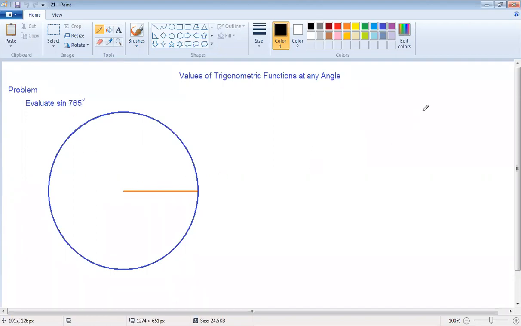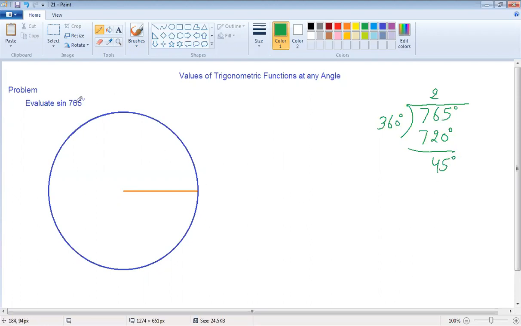Let us see, if we divide 765 degree by 360 degree, 360 ones are 360, but 360 twos are 720. So the quotient will be 2 and the remainder will be 45.